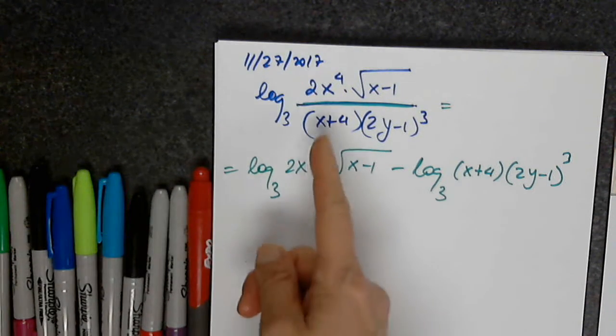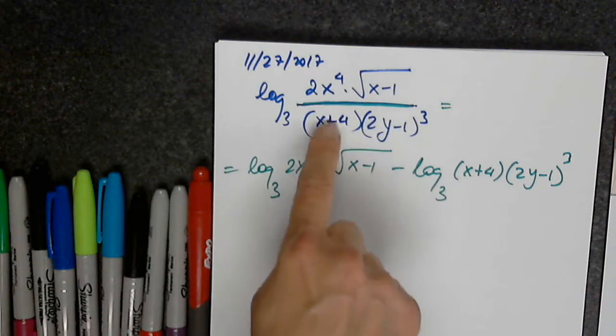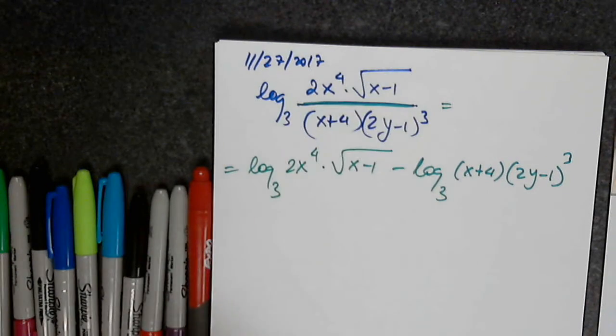If a quantity comes from the denominator inside a log, it will have a minus in front. Mandatory. Anything that comes from the top of a log will have a plus in front of the log.